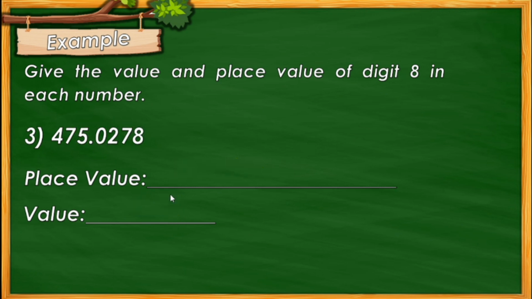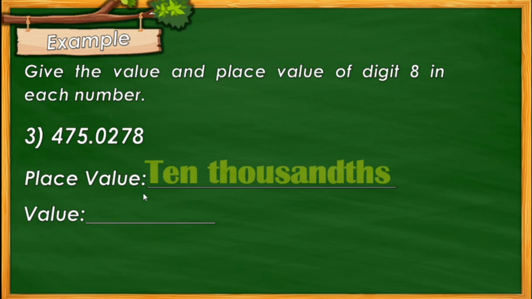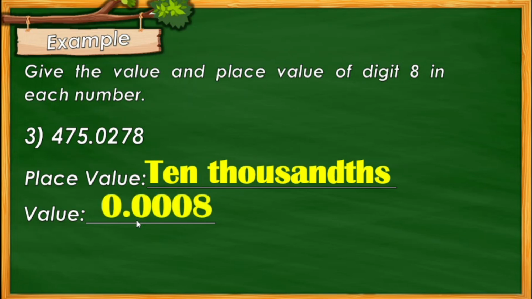Next, number 3. 475 and 278 10,000. What would be the place value of digit 8 in this example? Very good. So, the place value is the ten-thousandths place, because we have tenths, hundredths, thousandths, ten-thousandths. What would be the value? We have 8 ten-thousandths.